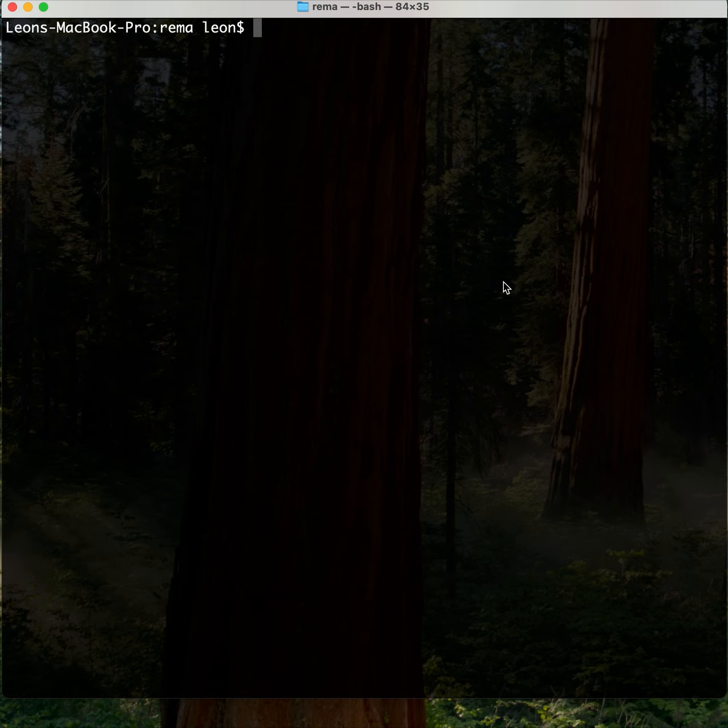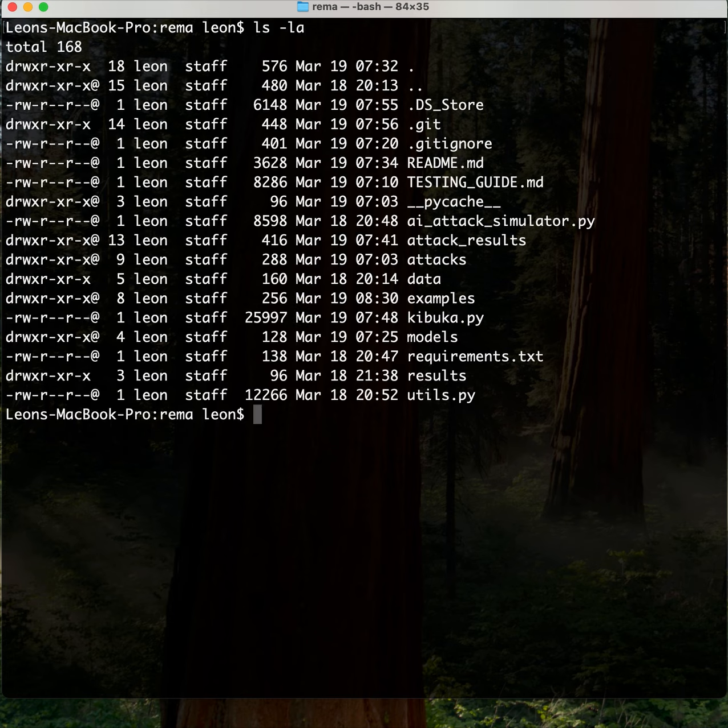Before we step into the demo, you need to understand what we're working with. We have the repository itself, where we have a folder that has the attack results, the attacks, examples, and then Kibuka itself, the model, and then of course the results and utils that we use. So if we need to look at our different test models, that will be in examples.